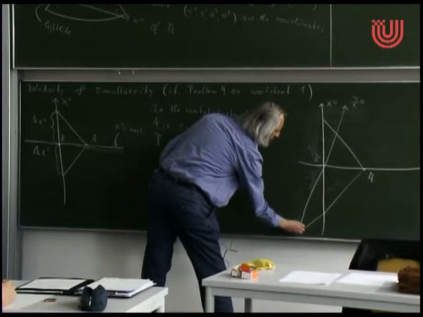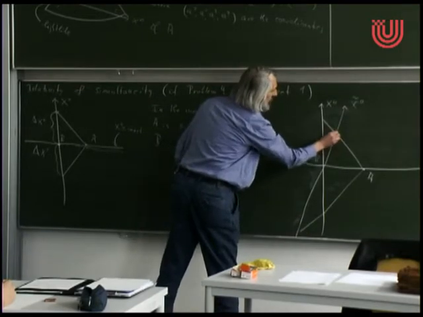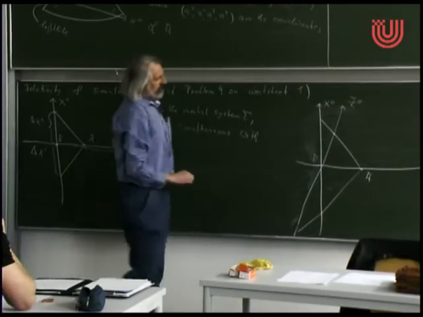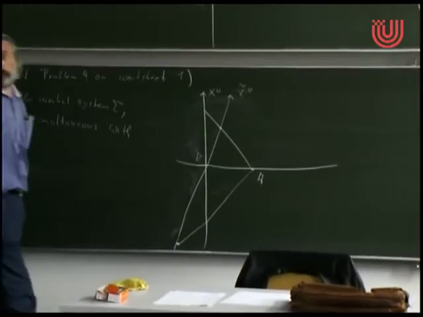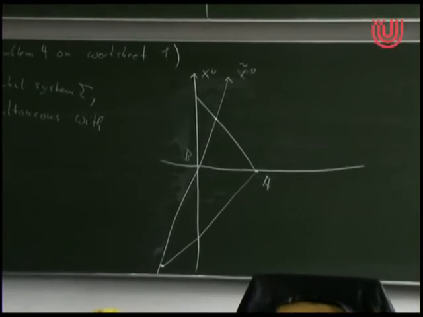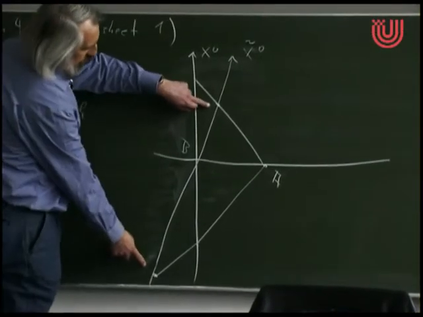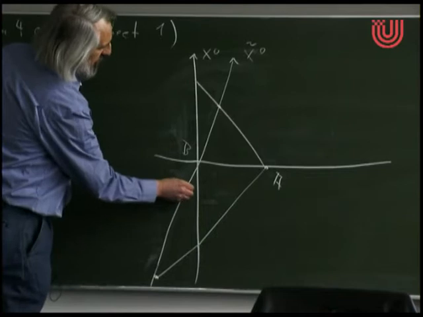You see, if I extend these things here, then that's the event from which a light signal from A is received, and that's the event to which a light signal to A is sent, right? And now if you divide this again in two equal halves, then you get something which is here.